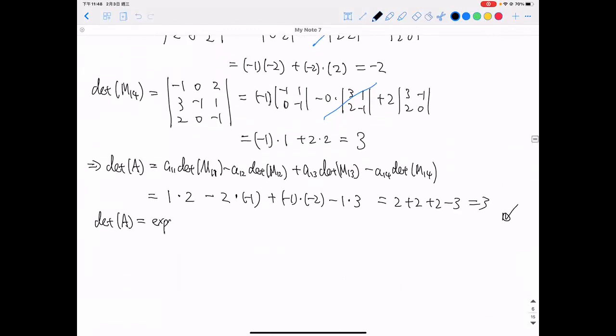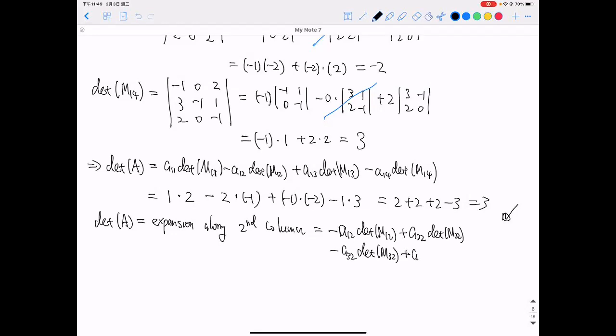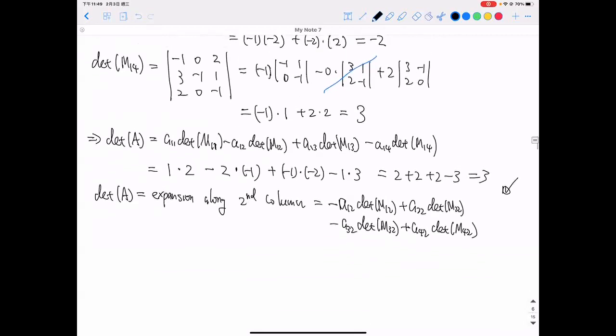So according to what I stated before, the determinant of A is also equal to the expansion along the second column, which is minus A12 M12 plus A22 M22 minus A32 M32 plus A42 M42.